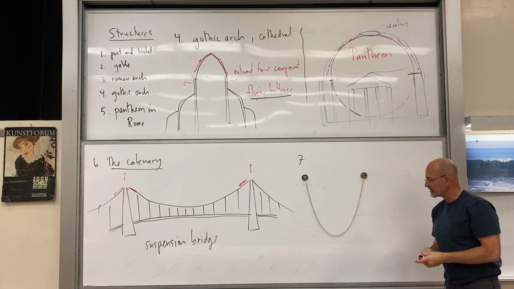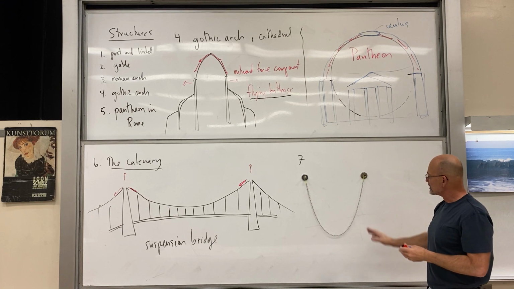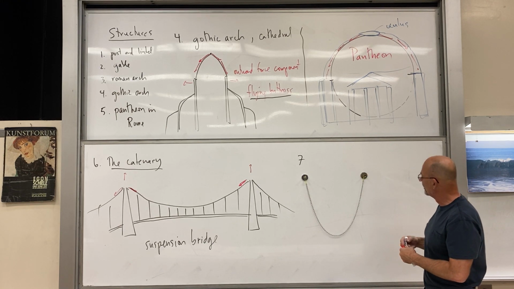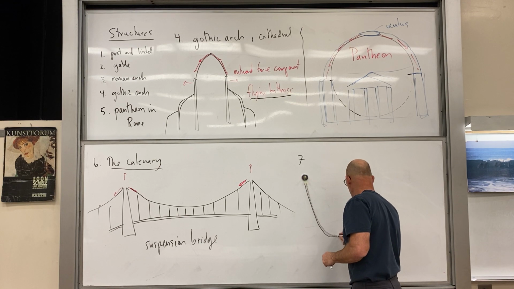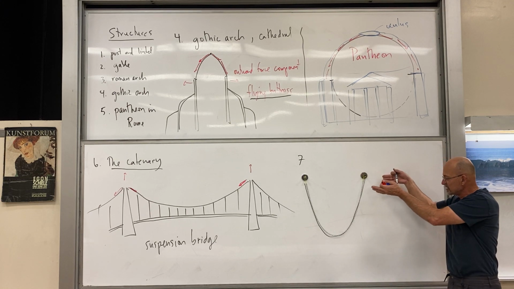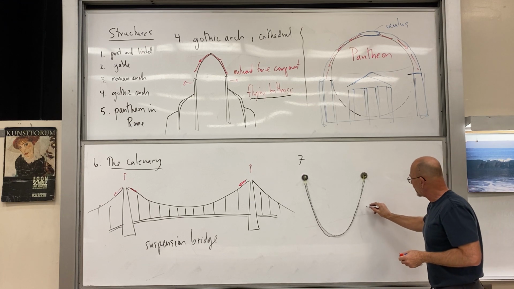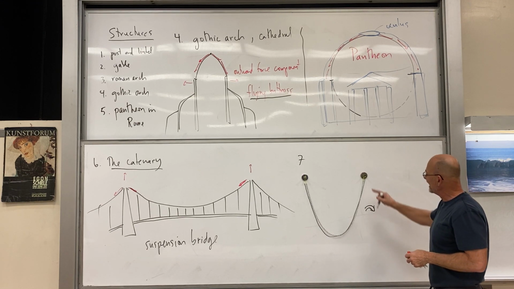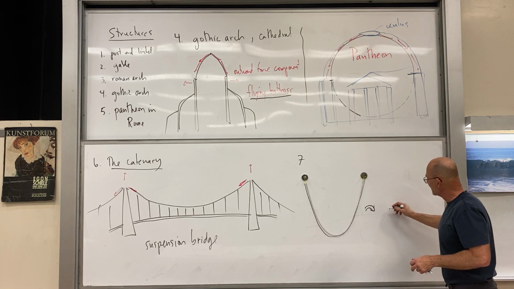Like I said, you have a little chain, you can play around with that, and you'll see exactly what's going on. So suppose we took this curve in which the tensions are perfectly parallel, tangent to the curve itself. Suppose we make this solid and then invert it.